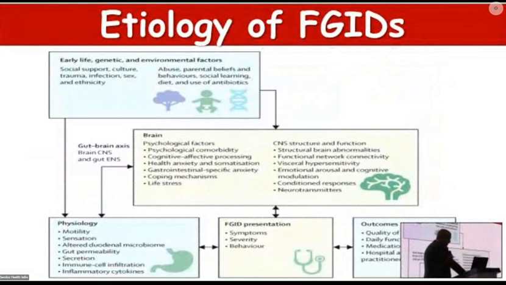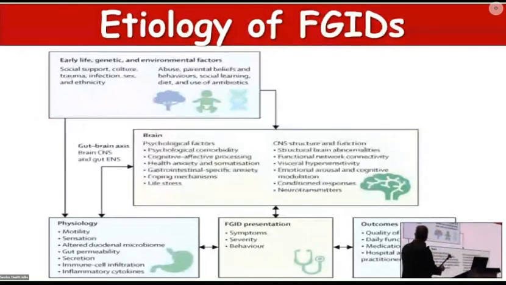This is the complicated etiology. We have early life genetic and environmental factors, like exposure to trauma, infection, and sometimes culture, and environmental factors like child abuse, behavior of the parents, social learning, diet, and the use of antibiotics.